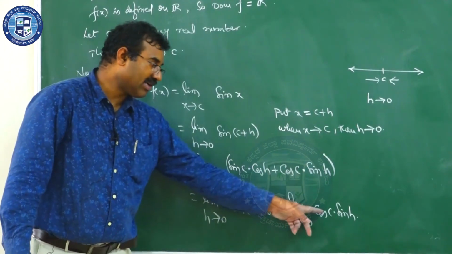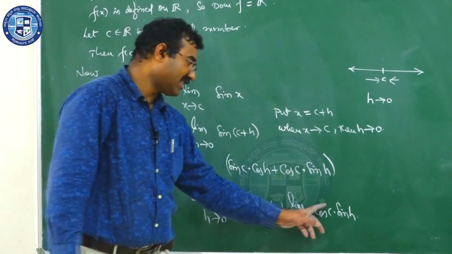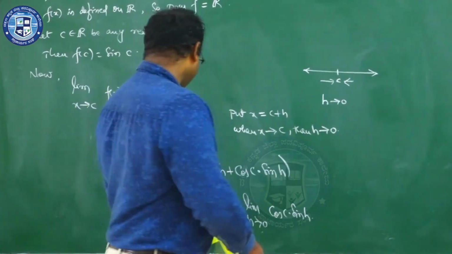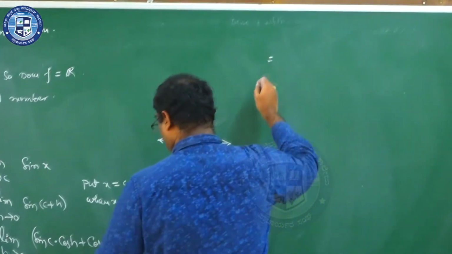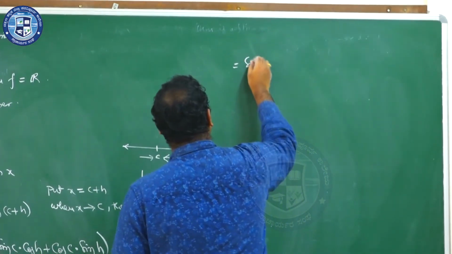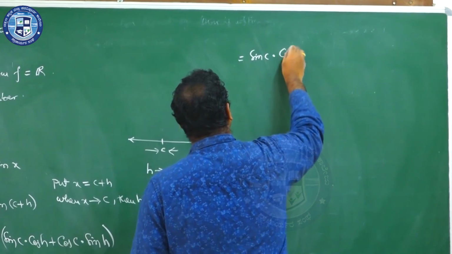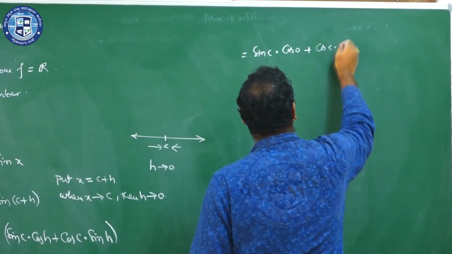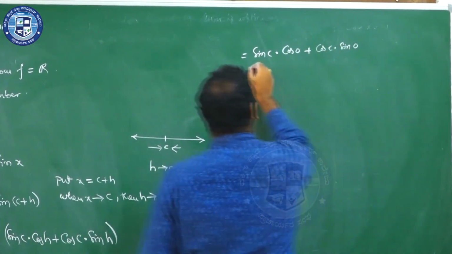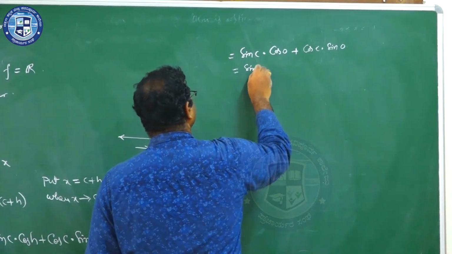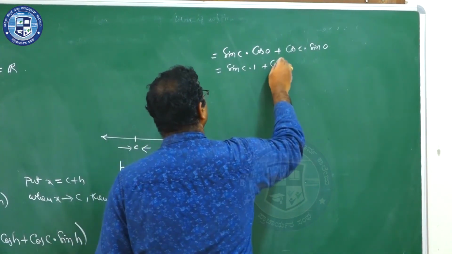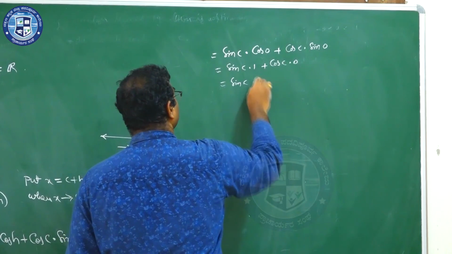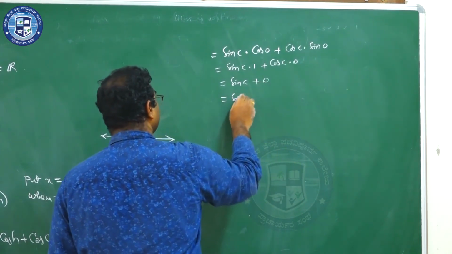Similarly cos c is a constant, and we get sin 0. So it becomes sin c into cos 0 plus cos c into sin 0, which is sin c into 1 plus cos c into 0. So sin c plus 0, you get sin c.